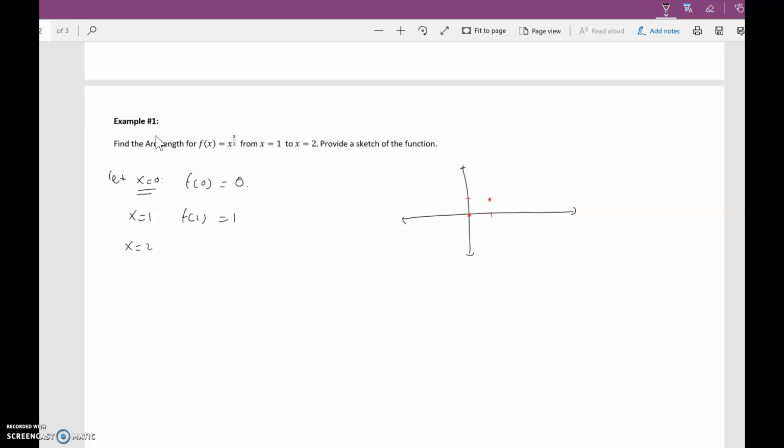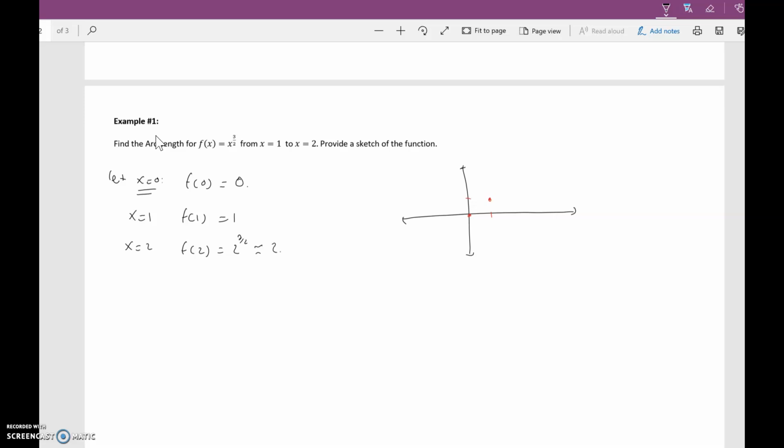Then x is equal to 2, f of 2, and this one's going to be 2 to the 3 halves, which is approximately 2.83 if you round to 2 decimal places.